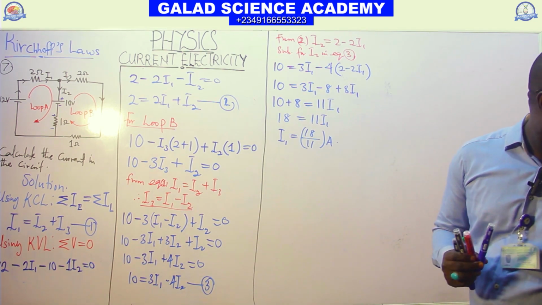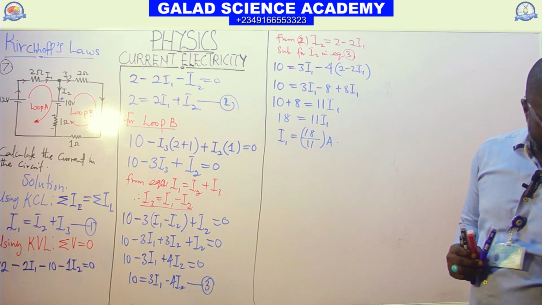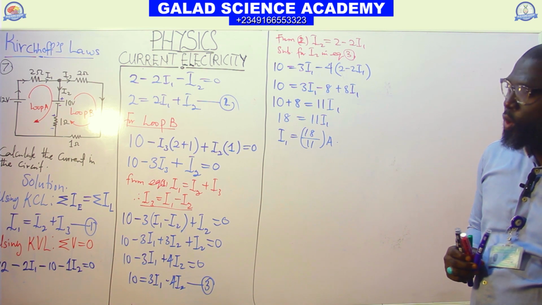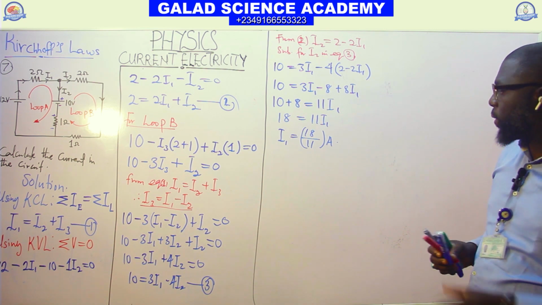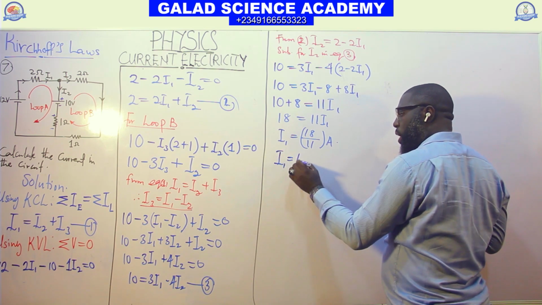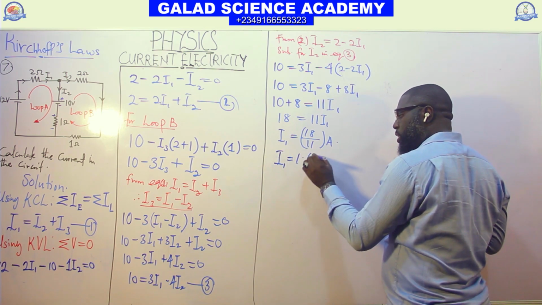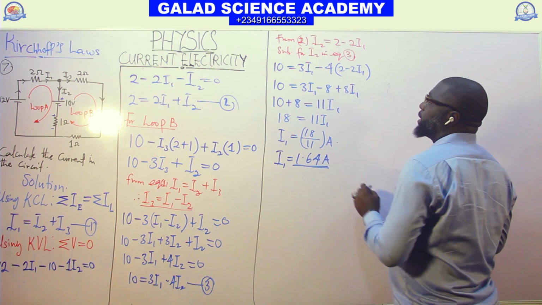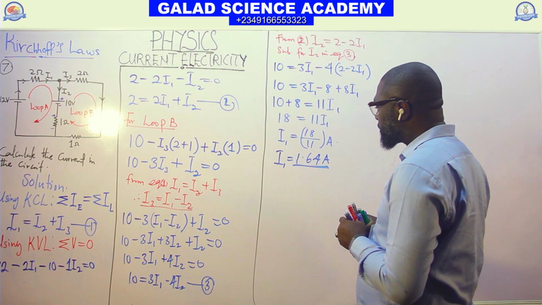If you press the calculator, 18 divided by 11 will be 1.64. So I1 is 1.64 ampere. That is for I1.